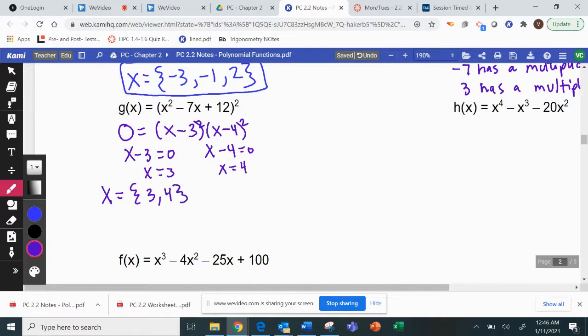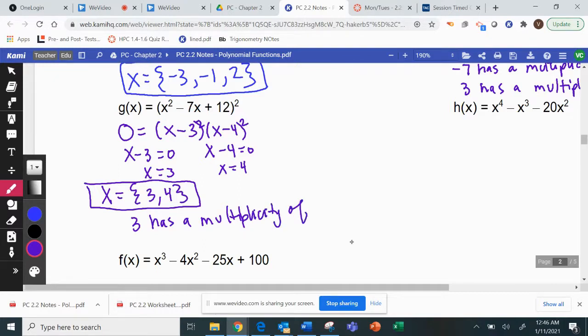Now we're going to write about their multiplicity. 3 has a multiplicity of 2, and 4 has a multiplicity of 2. Both of them were squared.